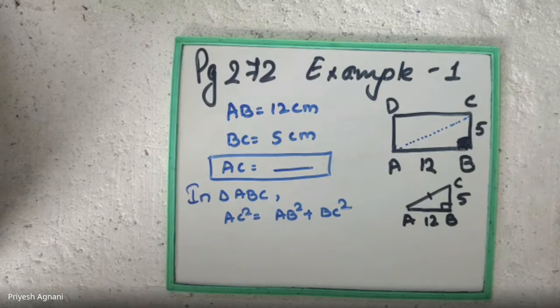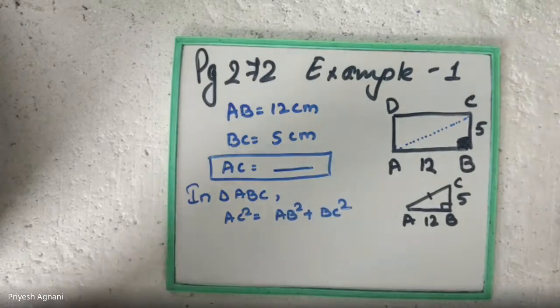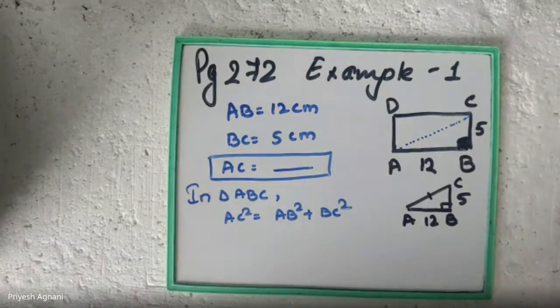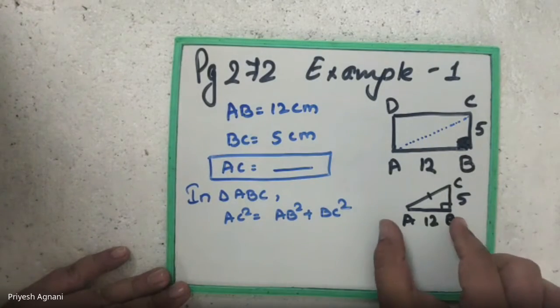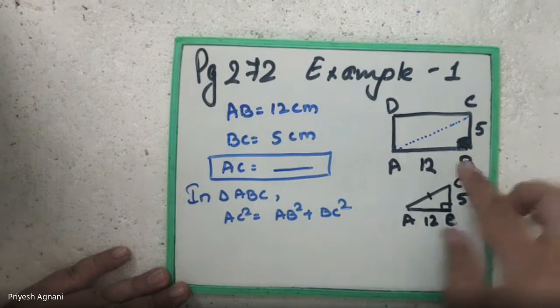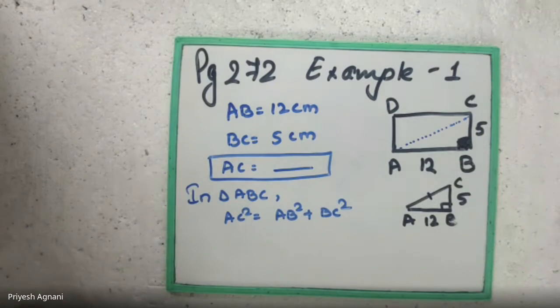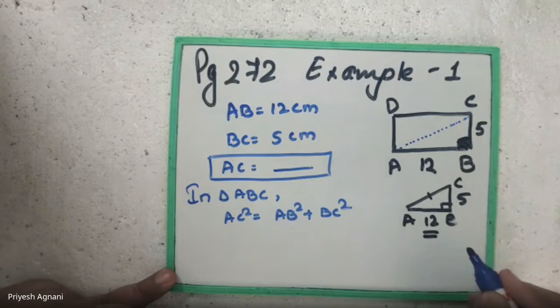Whenever there is a right angle triangle, right angle के सामने वाली जो साइड होती है, उसको बोलते हैं हाइपोटेन्यूज. तो हाइपोटेन्यूज स्क्वायर इज इक्वल टू AB स्क्वायर प्लस BC स्क्वायर. So AB square क्या होगा? AB square होगा 12 का स्क्वायर.